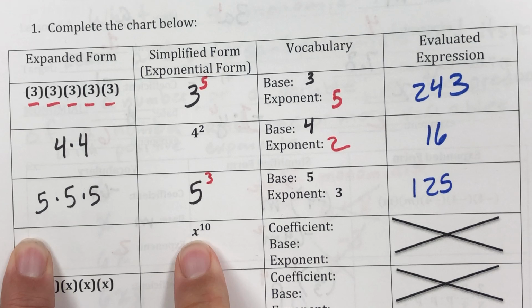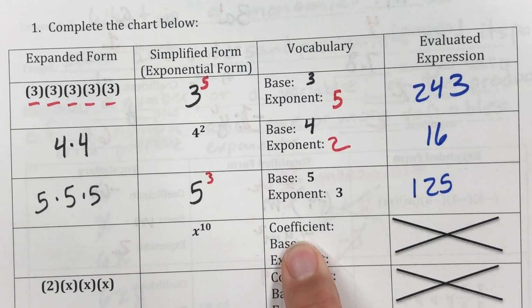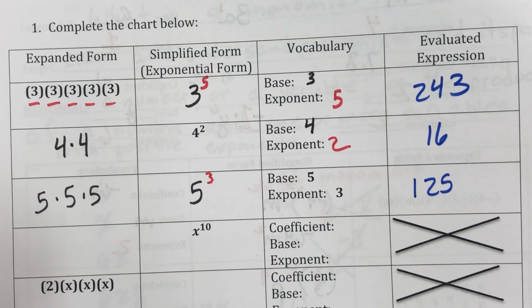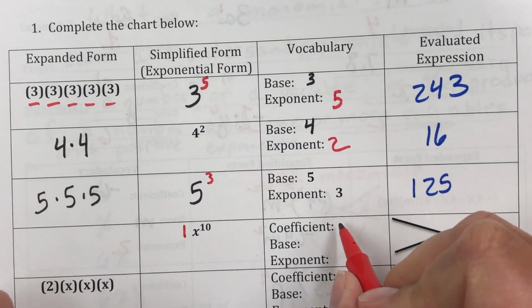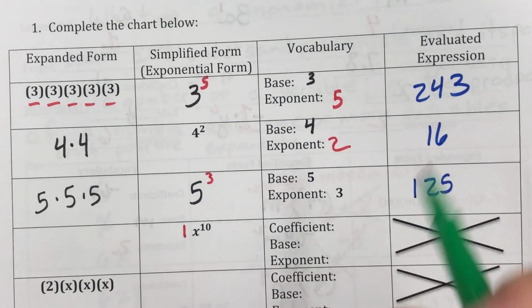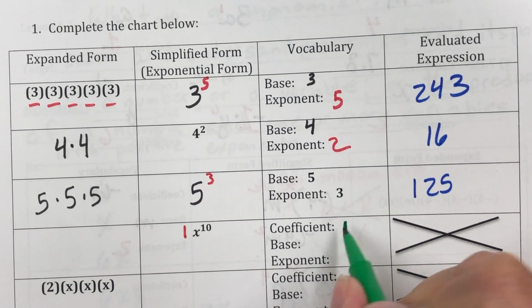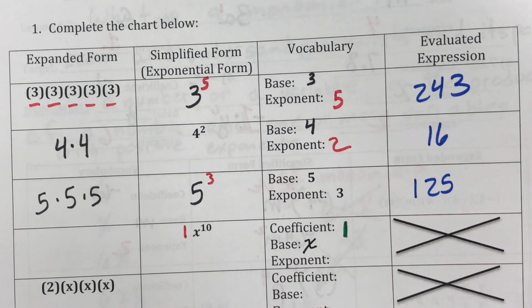Look at this one, x. X's cannot be evaluated. And I'm not seeing the coefficient. That's because it's invisible. It's an invisible 1 right there. So my coefficient is going to be that invisible 1. My base is x, and my exponent is 10.